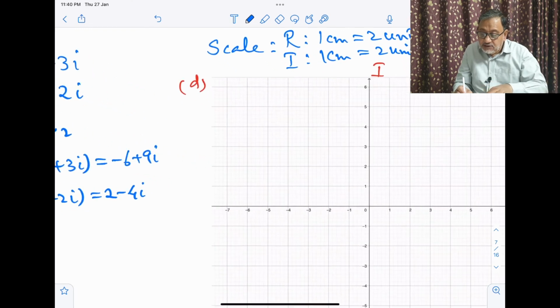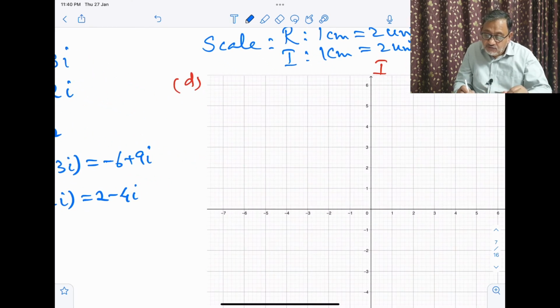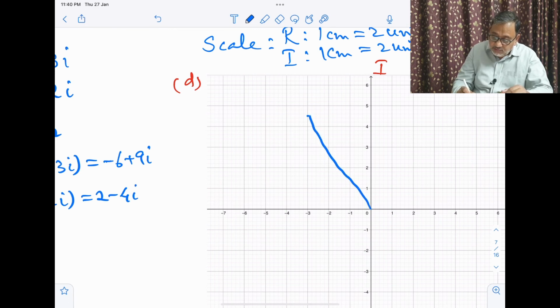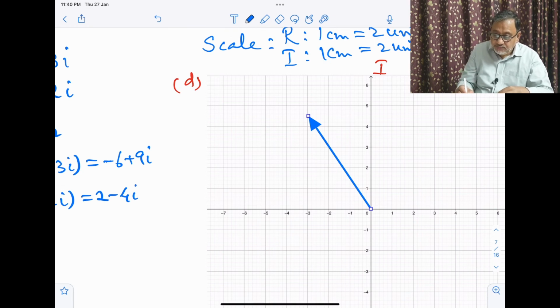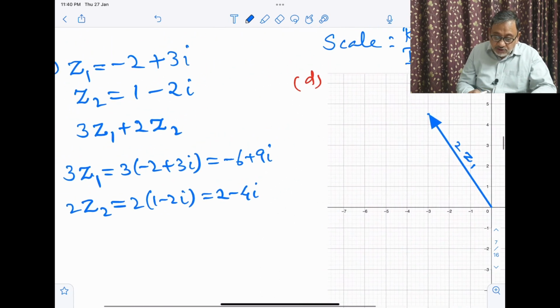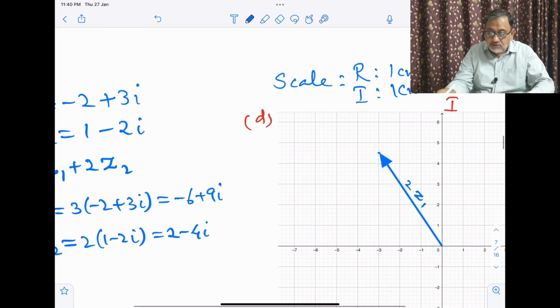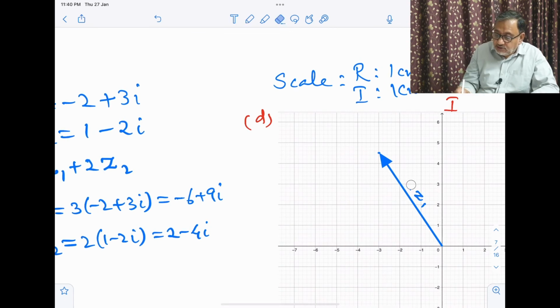How many divisions are there? 1, 2, 3, 4, 5. So 2.5. Minus 3 and 4.5 means between 4 and 5. This is my first complex number, which is 3Z1. Let me write here 3Z1. Oh sorry, it is 3Z1, not 2. No problem, I'll change it to 3.